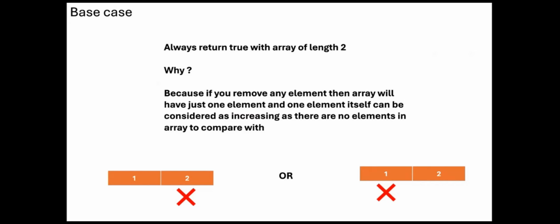Why? Because if you remove any element, the array will have just one element. One element itself can be considered increasing as there is no other element to compare with. That's why it is considered increasing. And the assumption of this problem is that you will have an array of length 2 or greater, right?